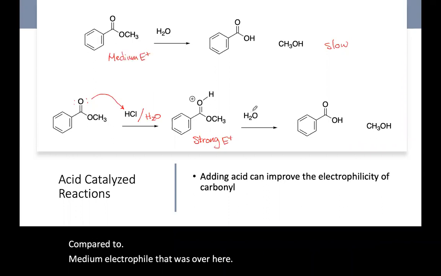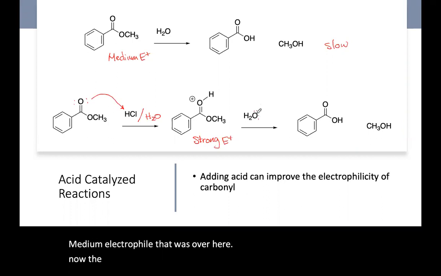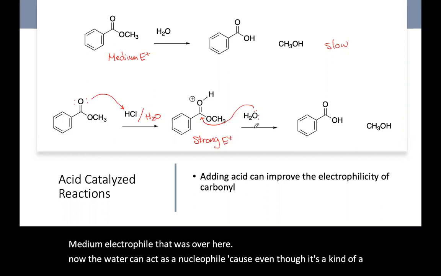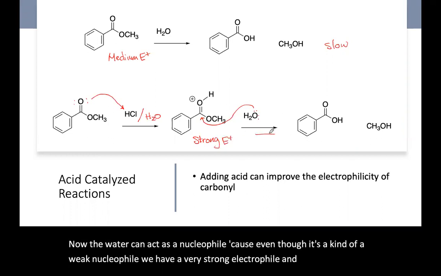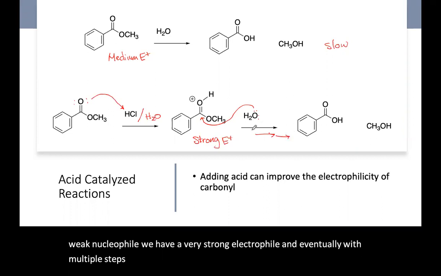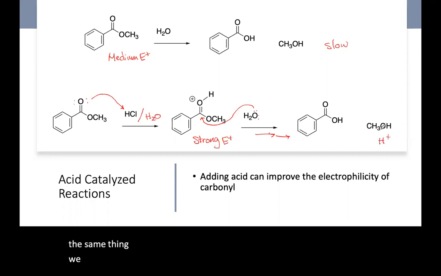Now the water can act as a nucleophile because even though it's kind of a weak nucleophile, we have a very strong electrophile. And eventually, with multiple steps down this pathway, with proton transfers, we end up with the same thing. We end up with the carboxylic acid and the methanol, and we regenerate our proton.